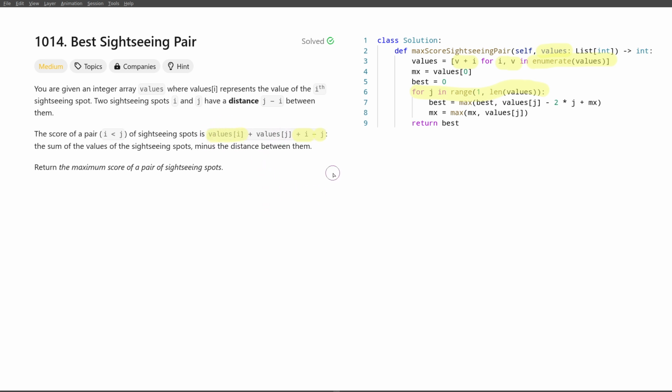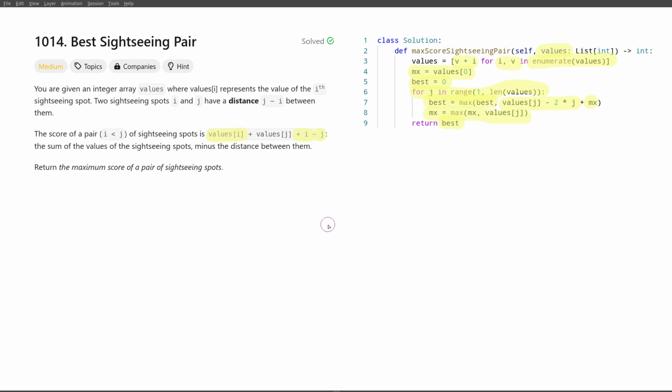And the score that we would get for a given j is just this maximum plus the value of j minus 2 times j. So we'll be maintaining our maximum, remembering our best, and at position j, we can try to improve our best by values of j minus 2 times j plus the maximum values of i. And of course we have to update the maximum. And at the end, we of course return best.